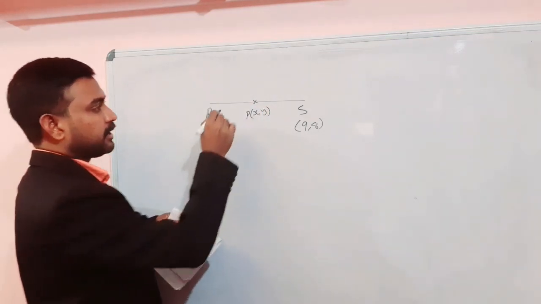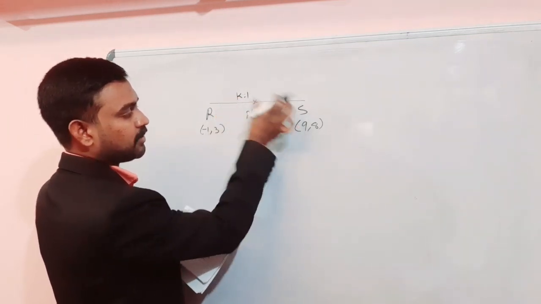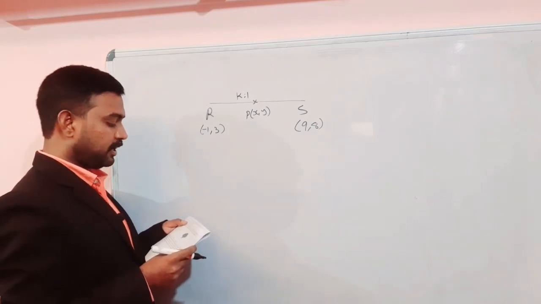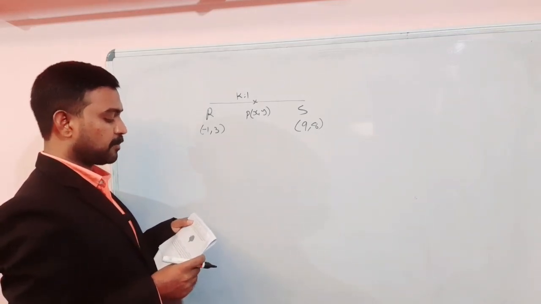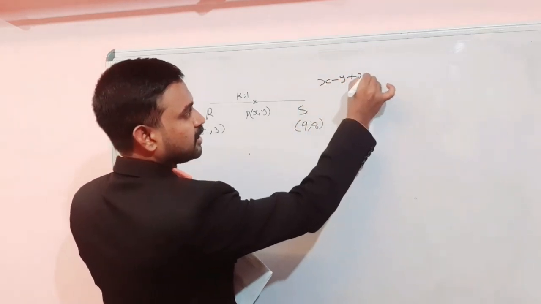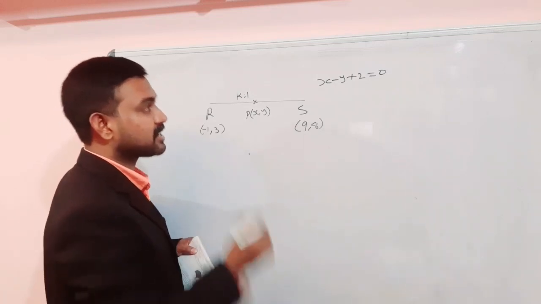And the ratio of division is given that k is to 1. K part is here, 1 part is here. So k is to 1 is the ratio of division. If P lies on x minus y plus 2 is equal to 0, that is a linear equation. Linear equation means it will be a straight line.